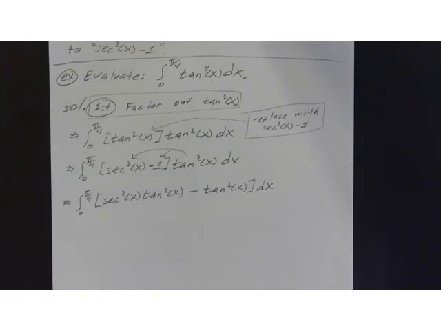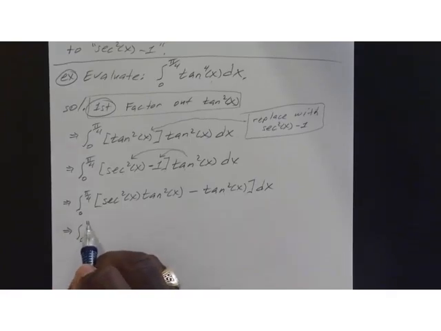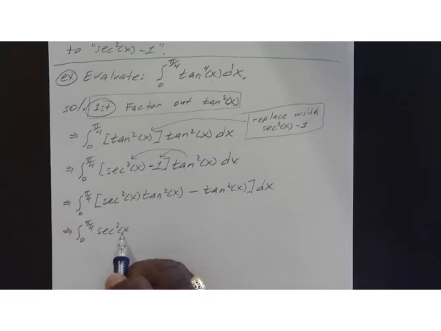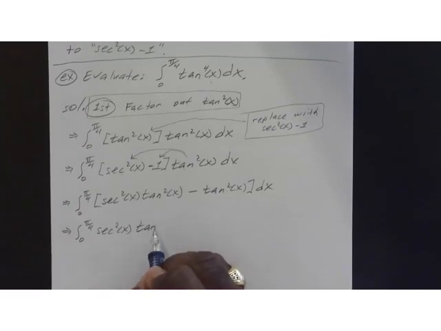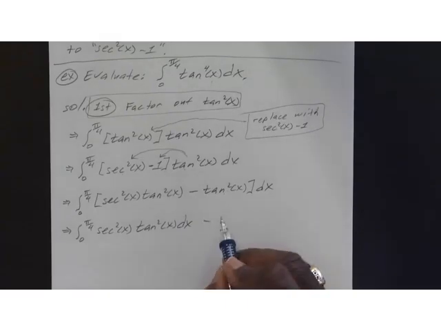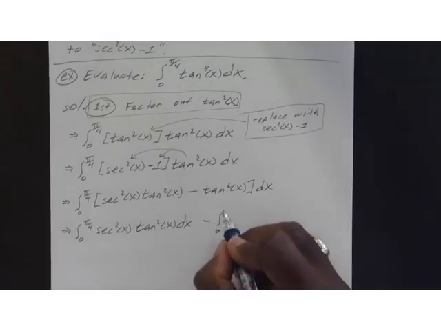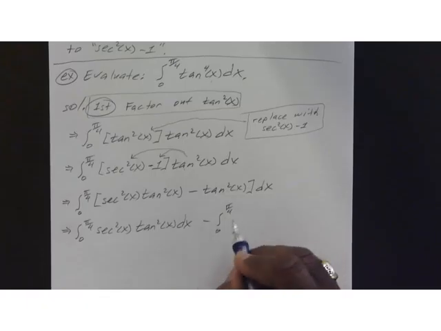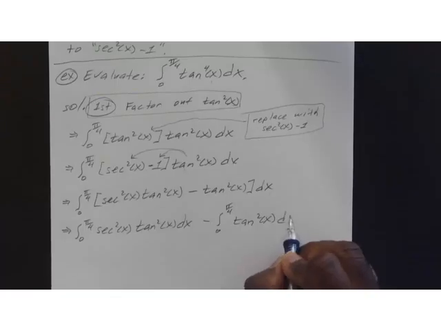So now we can split them up into two separate integrals. The integral from 0 to pi over 4 of secant squared of x times tangent squared of x with respect to x, minus the integral from 0 to pi over 4 of tangent squared of x with respect to x.